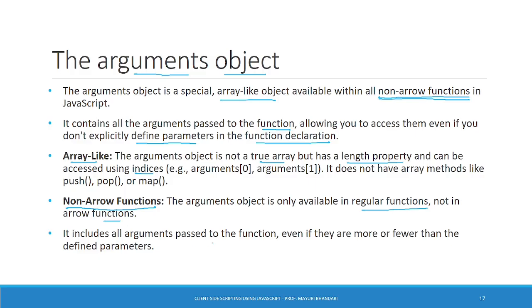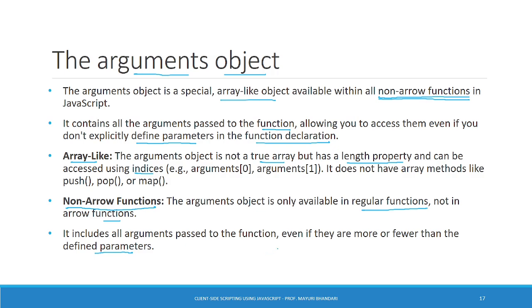It includes all arguments passed to the function even if they are more or fewer than defined parameters. So if you have defined one function with two parameters and at the time of calling you are passing three parameters, all three parameters you can access using arguments object.